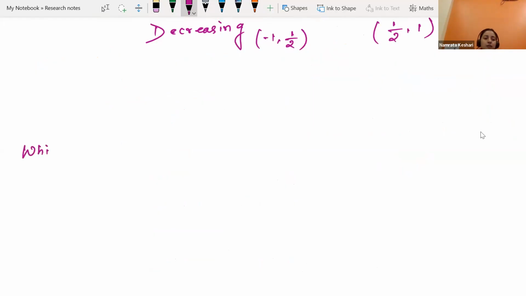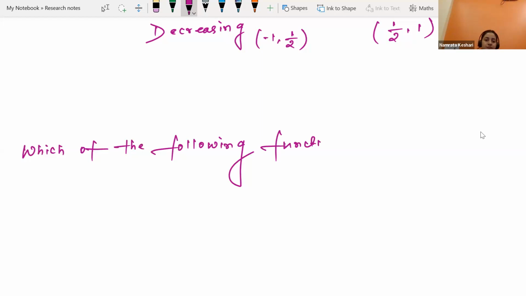Which of the following functions are decreasing in 0 to pi by 2?